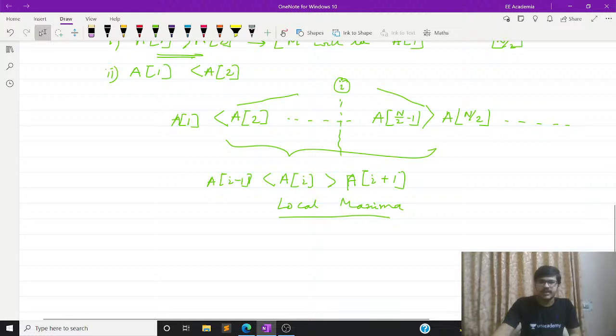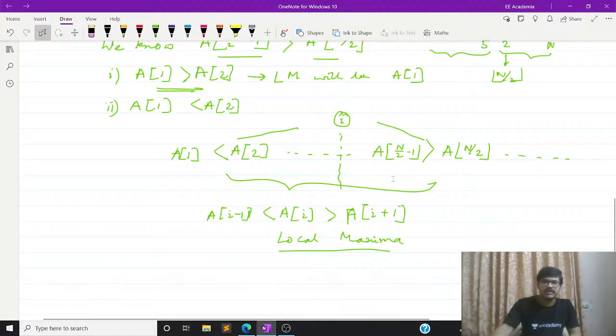So if that is the case, then we can say that there exists a local maxima in the array, right?